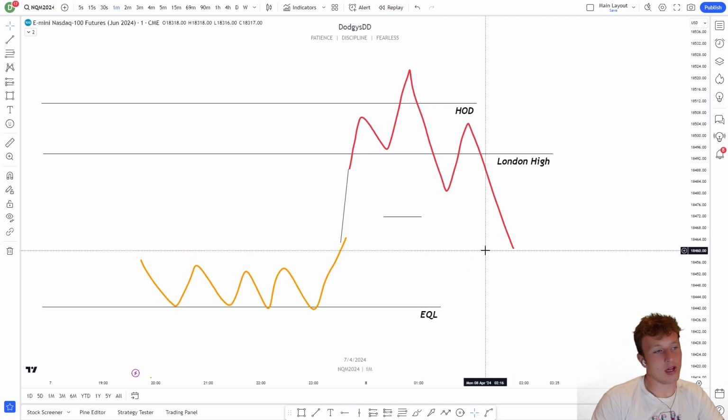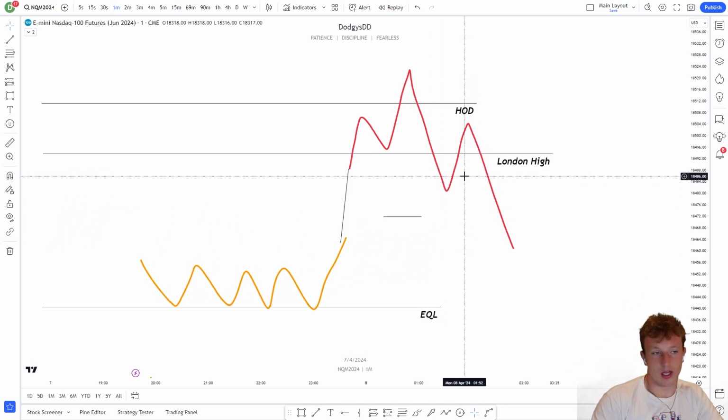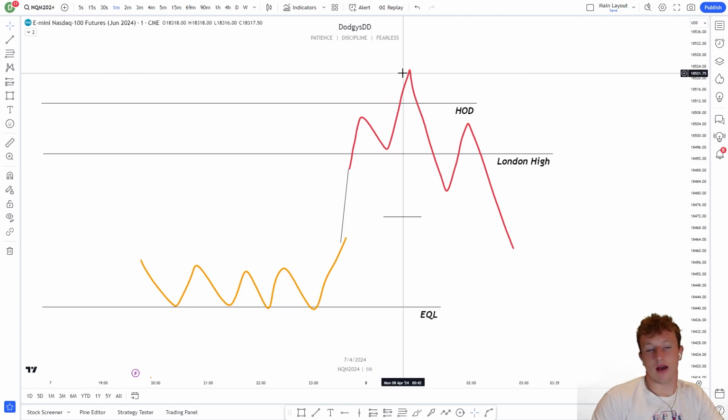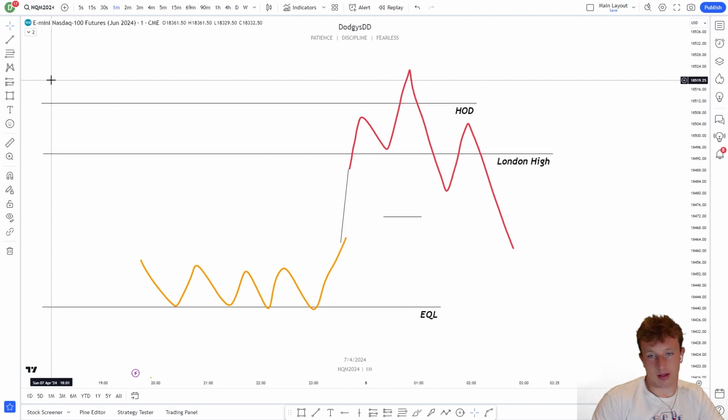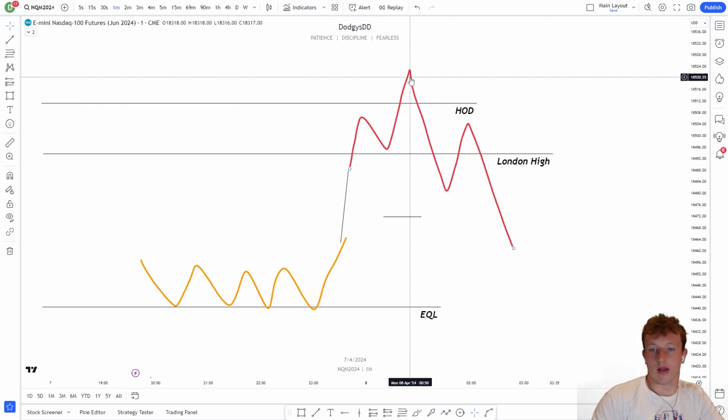Now, there's a lot more stuff you can add into this, which I'll be going over in later videos, such as maybe an SMT. Like I said, a fair value gap up to the left, maybe rejecting an order block. There's a couple more things, but you'll learn that through screen time, and I still have to go over some of those in future videos.